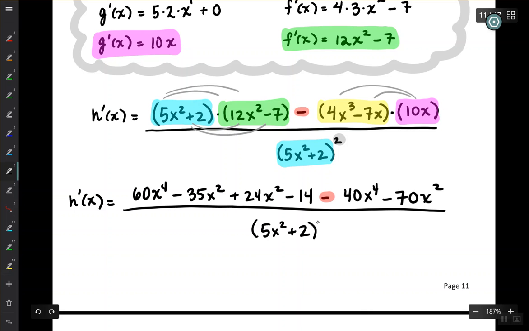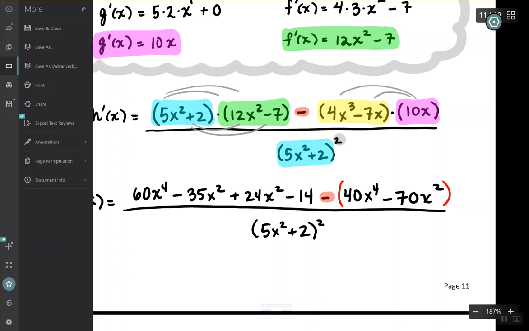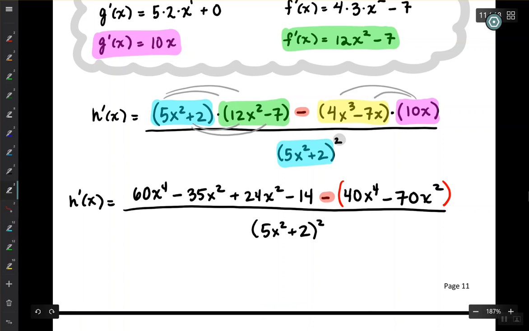I am subtracting this whole product. That product has two terms. I need to subtract each one. I need to distribute that negative, right? Just leave your denominator factored.